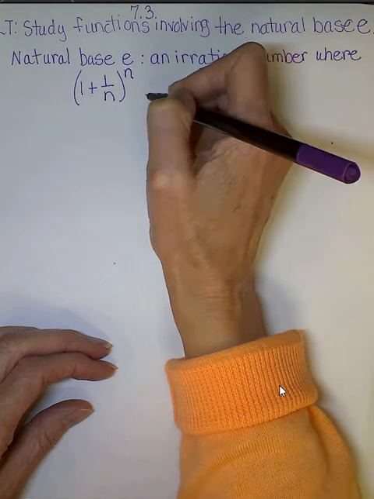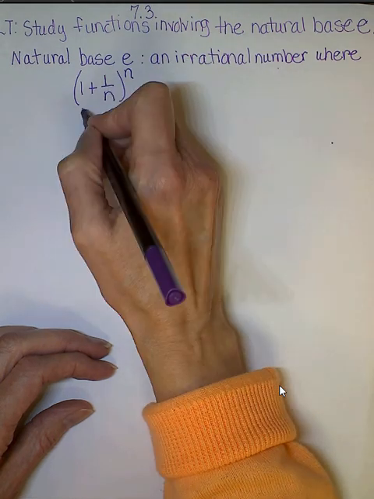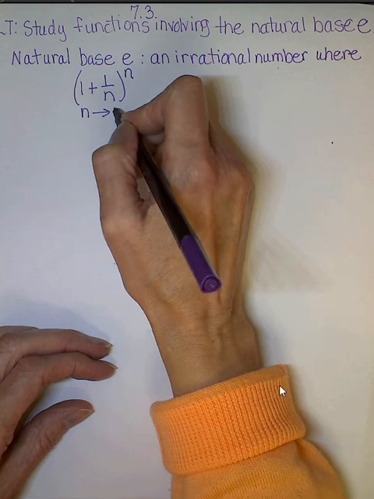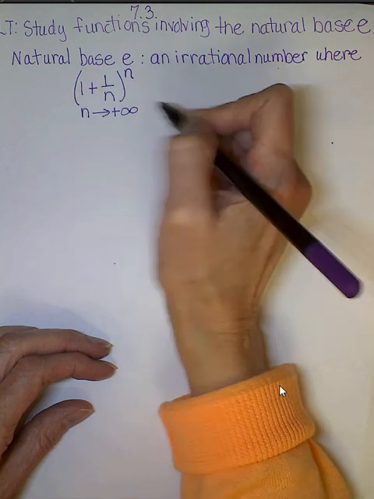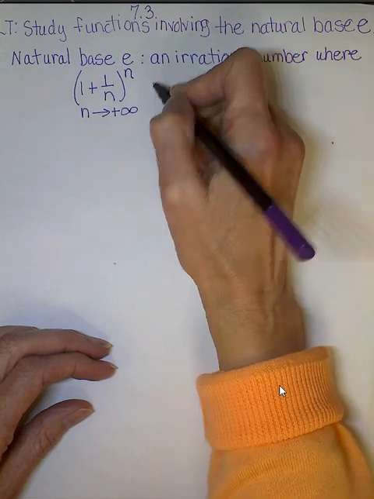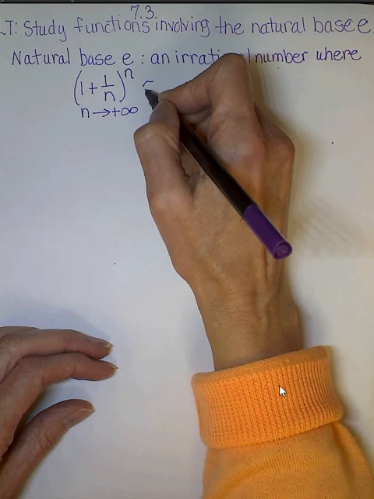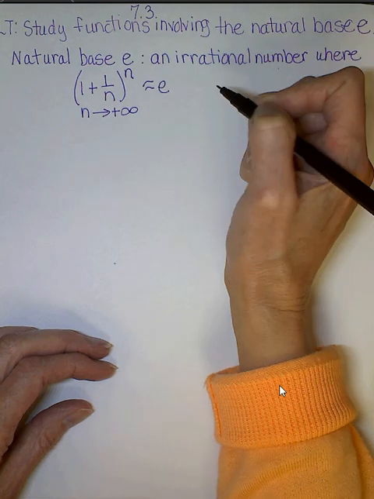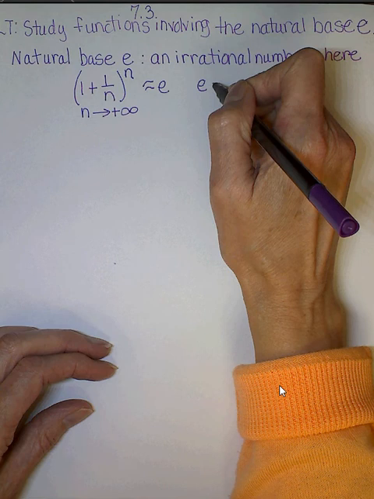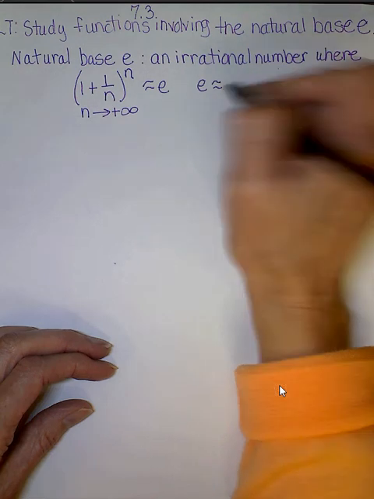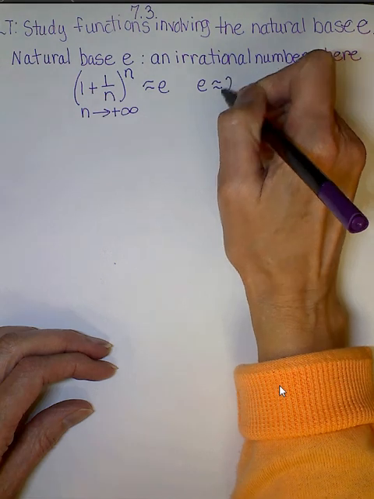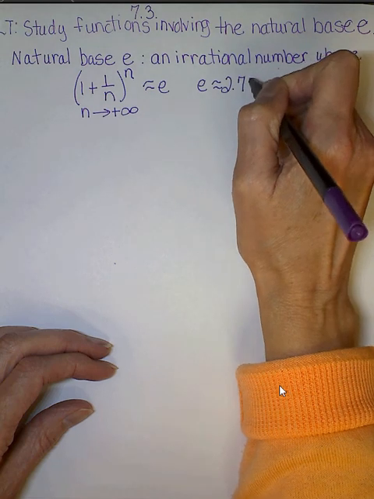This is how we calculate the number e, and we do it as n approaches positive infinity. In other words, as n gets larger and larger, this approximates the number e. Okay? And so pi, we use 3.14, and e is a number that's very close to 3.